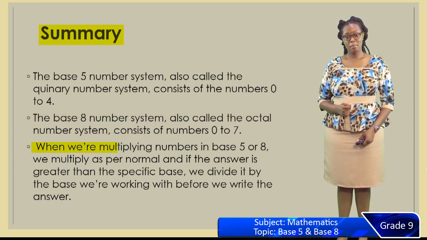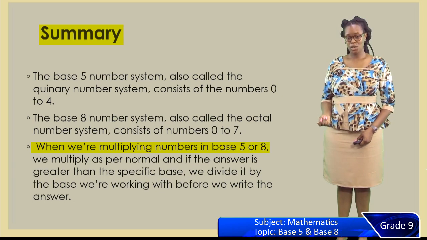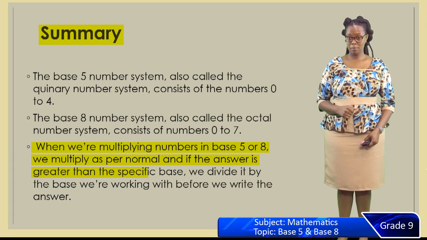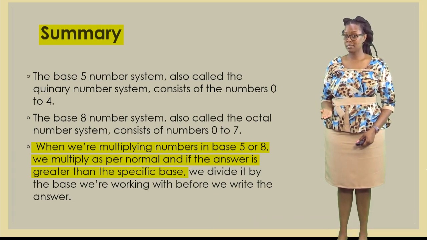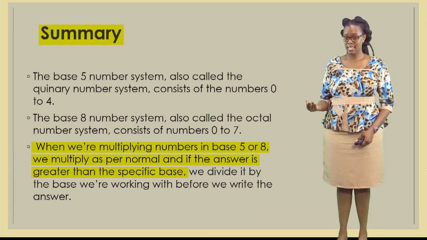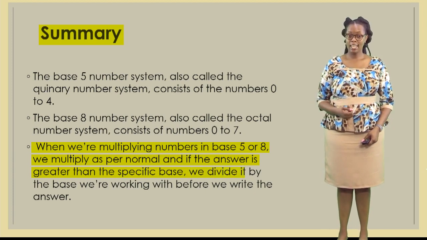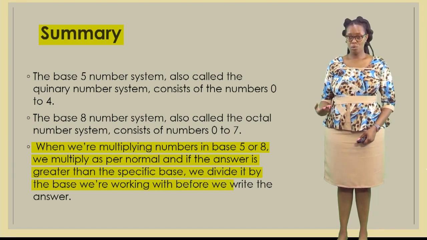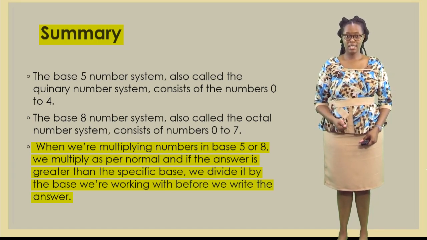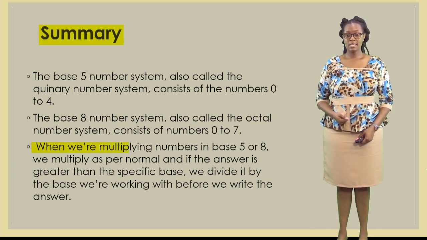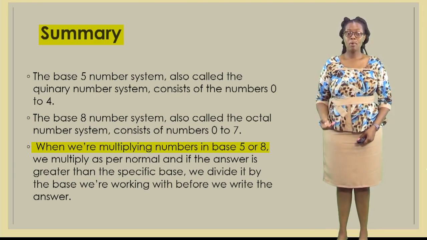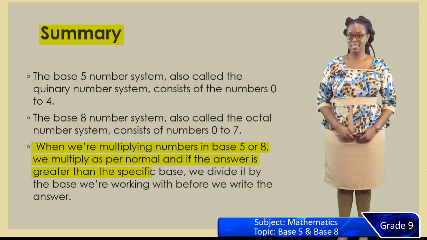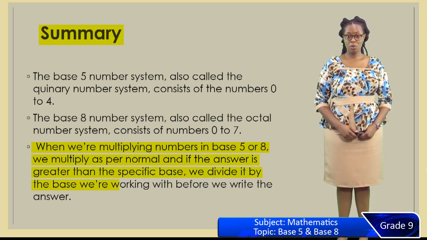When we're multiplying numbers in base 5 or 8, we multiply as per normal, and if the answer is greater than the specific base, we have to divide it by that base before we write the answer.